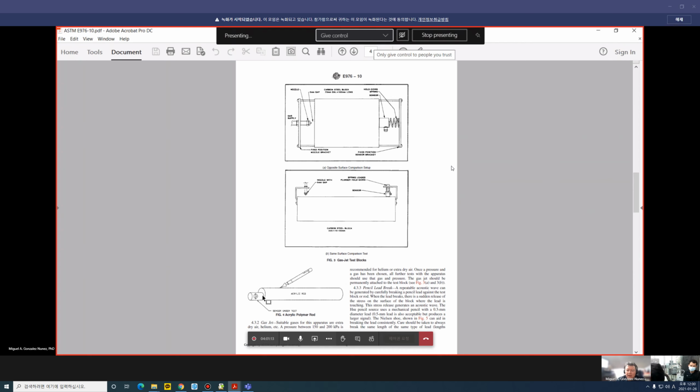Okay? So let's say that you perform pencil breaks 5 centimeters away from the sensor. And you measure the amplitude here. Yep.